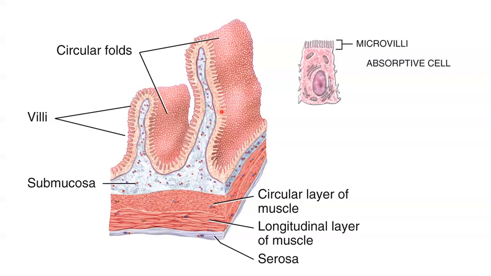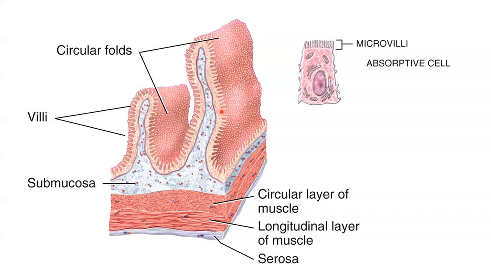These are folds of the mucosa and the submucosa. Some extend the entire way around the small intestine, some just partially a way around. These folds enhance absorption by, one, increasing surface area, and two, causing the chyme to spiral around the small intestine instead of just passing through in a straight line.